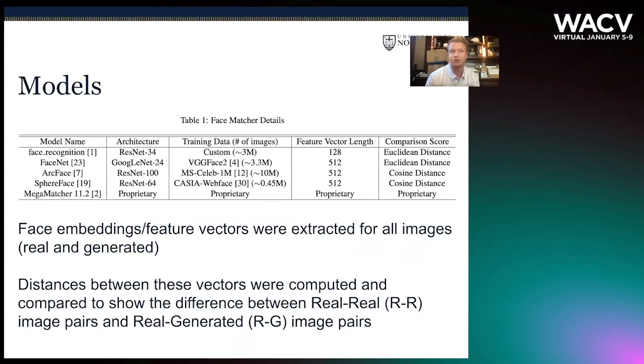You can see these as similarity or dissimilarity measures between two images in a pair. Real and real image pairs are half the battle, and the other half is real and generated image pairs. If we see that there's a difference between these distributions of scores, then we can start to formulate some ideas about whether or not identity leakage is readily discernible.